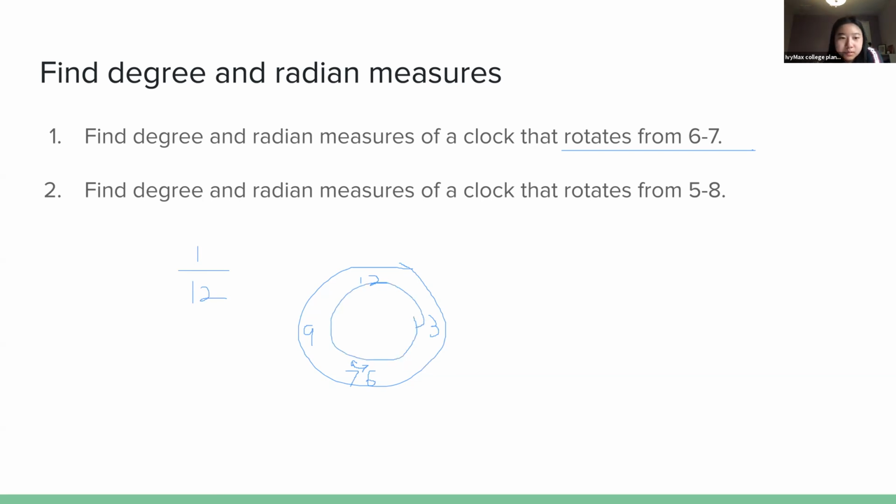So you times 360, because it asks you to find a degree and radian measure also. After you multiply this, you should get 30 degrees.